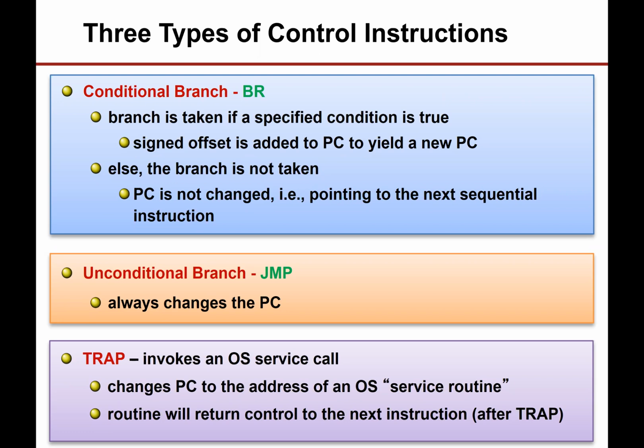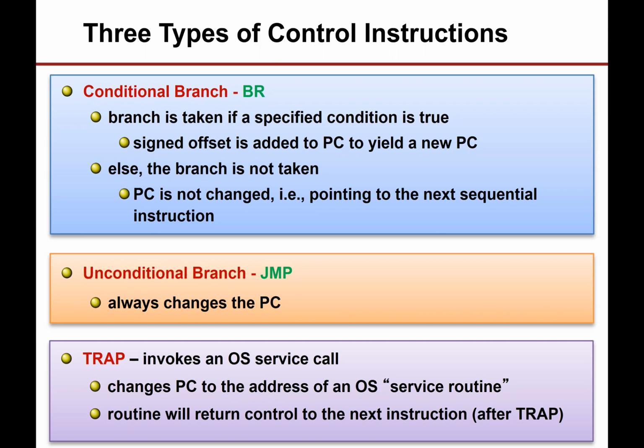If not, the PC will point to the next sequential instruction. The second type is called unconditional branch. It always changes the PC to a new PC.